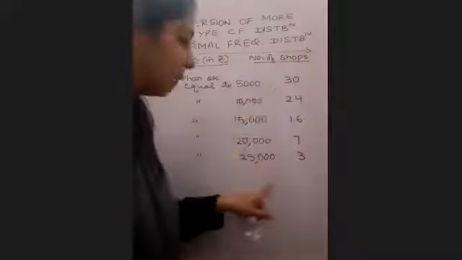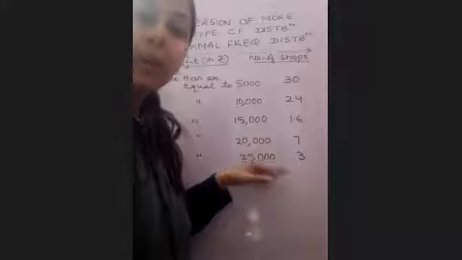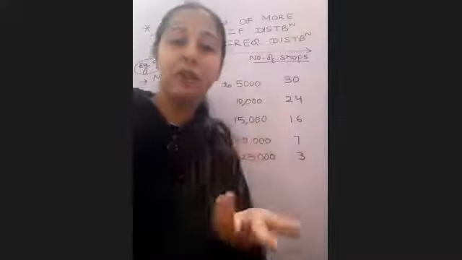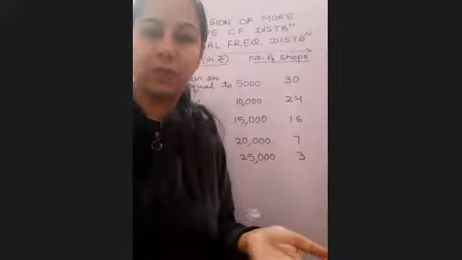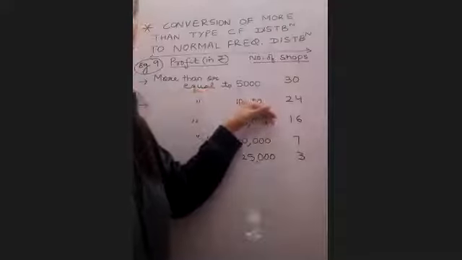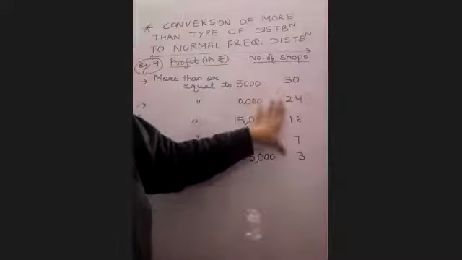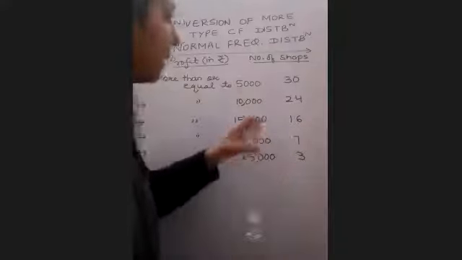Because in simple layman language, if your shop's profit is 25,000, it will be counted in the category of more than 5,000, because it depends on the instruction. If I am asking the number of shops having profit more than 5,000, probably all the shops are having that. But when I am saying more than or equal to 10,000 rupees as a profit, the number of shops decreased. Now only 24 shops are there. So that means 6 shops got reduced in between.